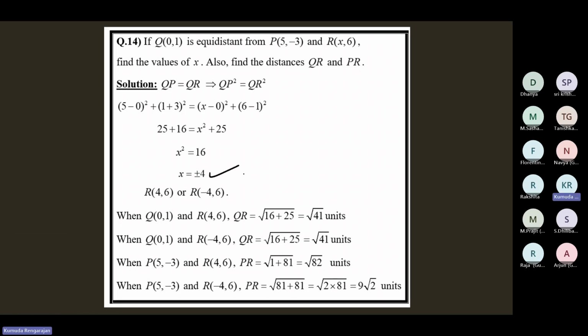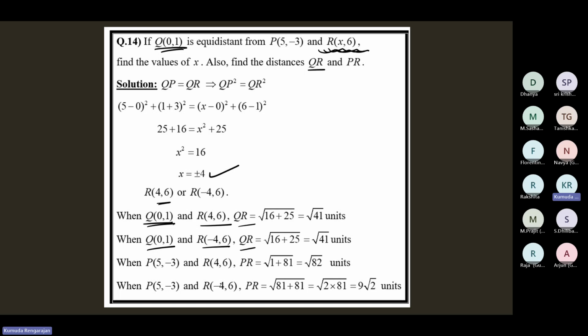So after finding the value of x, you can see here R is given by this because x is plus or minus 4. So R is given by (x, 6), so it can be (4, 6) or (-4, 6). To find the distance QR, Q has only one address, (0, 1), but R has two different addresses, (4, 6) and (-4, 6).